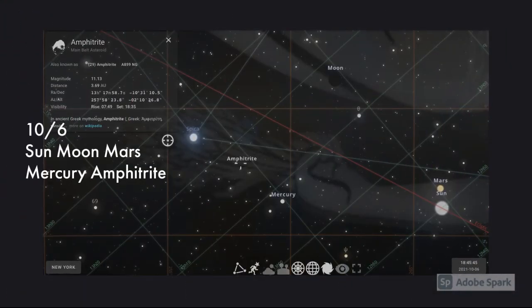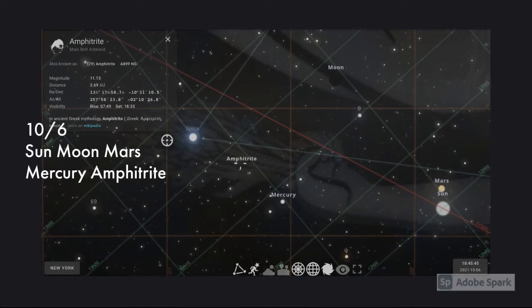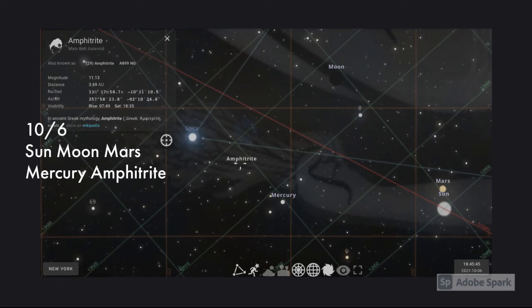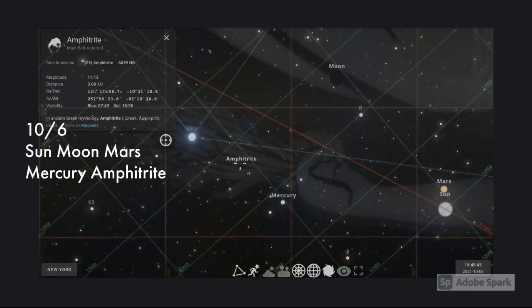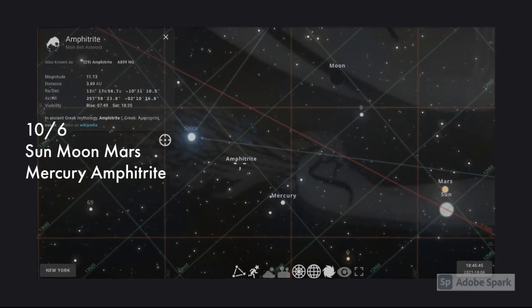Tomorrow, October 6th, Aphrodite, the asteroid belt, is getting close to Mercury, and then Mars and Sun are getting in alignment soon in Virgo. And then the moon is above them all.